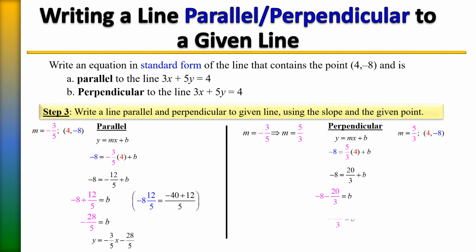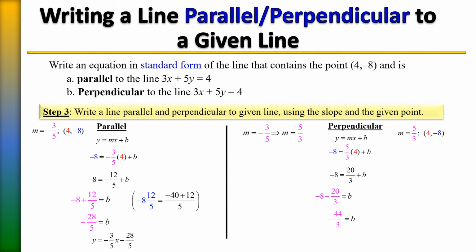The bottom line, when you do that, b would equal negative 44/3, because whole number, -8, times the denominator, 3, that's going to give you negative 24. Negative 24 added with negative 20 is going to give you negative 44.